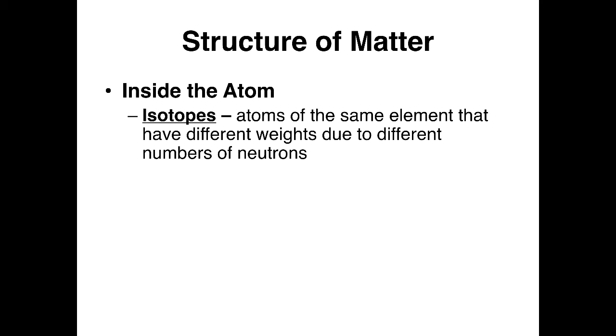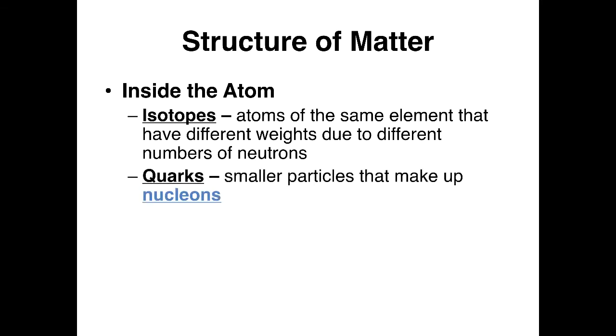So, for example, iodine has an isotope called iodine 131. That means it has an atomic mass of 131, whereas normal iodine has an atomic mass of 126. So the difference between those two, they both have the same number of protons, but one has 5 more neutrons than the other one.